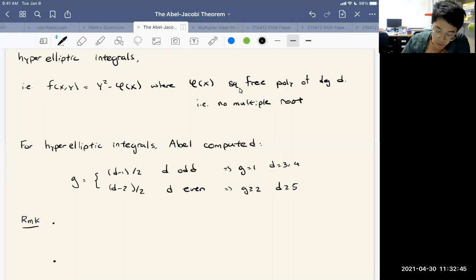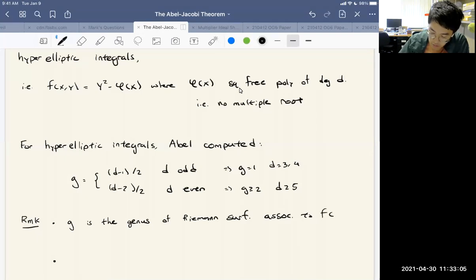So I wanted to make a couple of remarks about this. The first is that g, we'll see in just a little bit, is the genus of the Riemann surface associated to the equation f of x, y equal to 0.